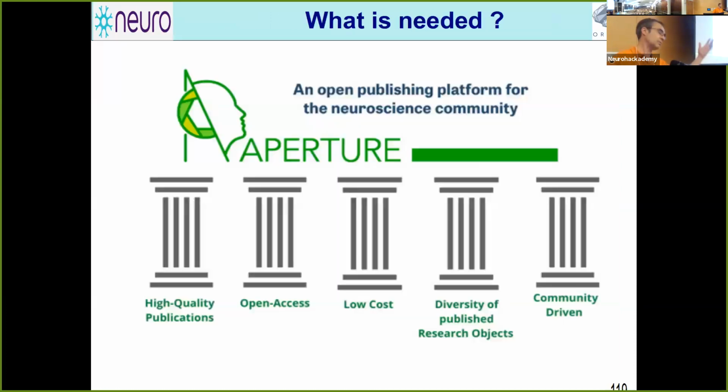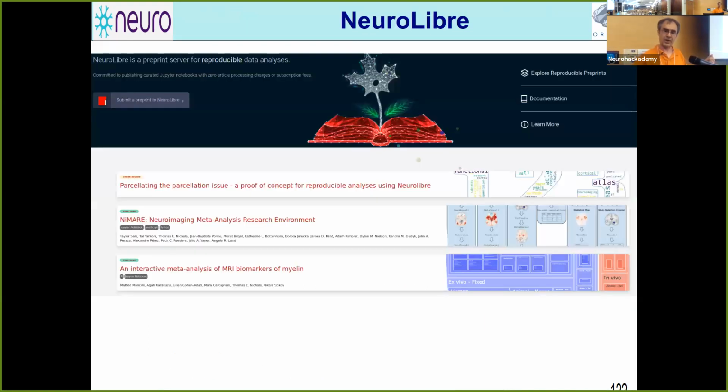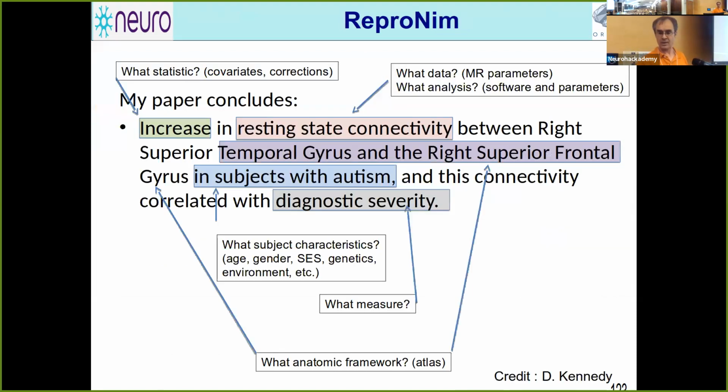So I worked on the former Aperture and now Aperture Neuro with OHBM. That's one of the things. There's the Neuroscience Journal Network of NCF that is interesting in that respect. There's also NeuroLibre, where Elizabeth worked a lot on it and did a fantastic job, on having a preprint that can actually rerun your Jupyter notebook and be reviewed technically for that.